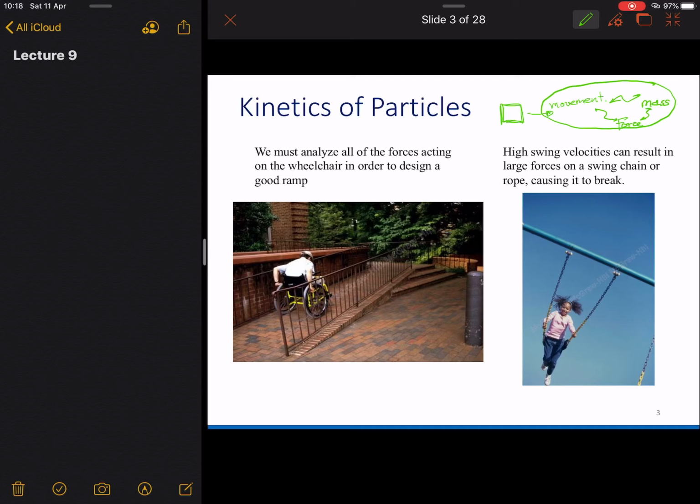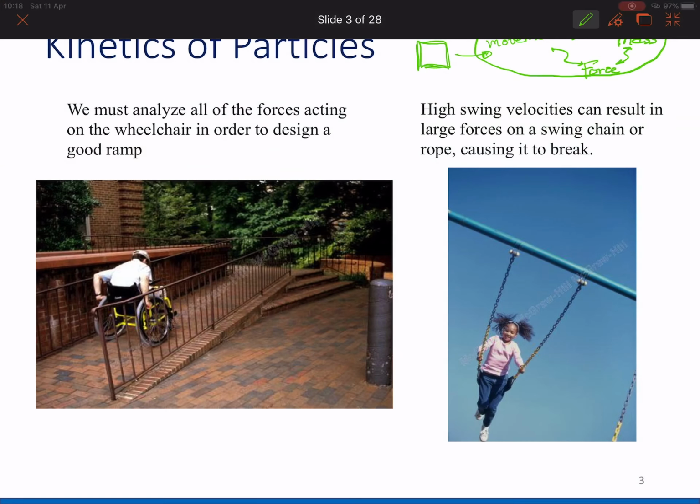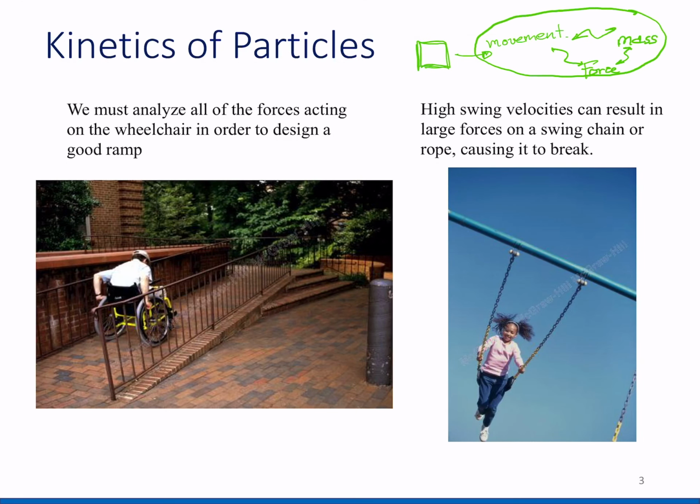Okay, let's see what is in our slide. Let me remove this so that we can have full screen. We have a man here. If we treat him as a particle, the movement is in this way, so we have an acceleration in this direction. Then we have to analyze all the forces on the wheelchair in order to design a good ramp.